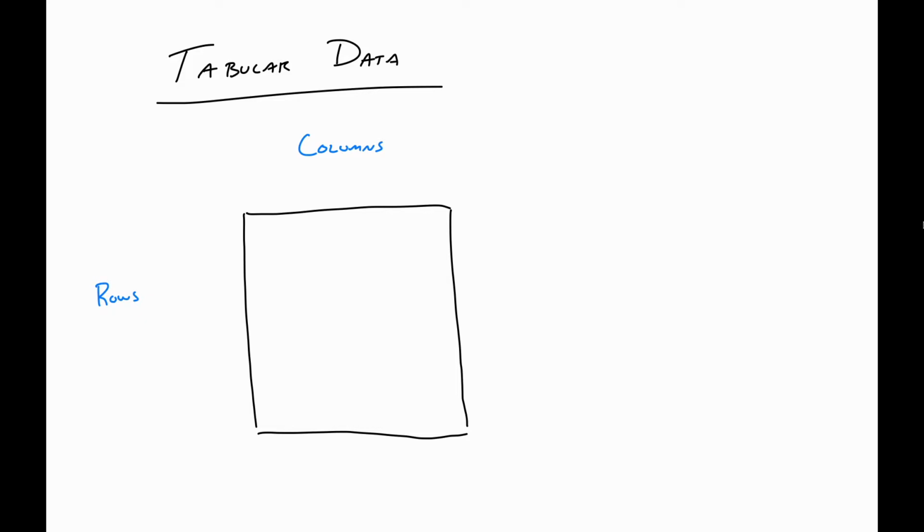Each row is a different observation. I'll just write obs, that way I won't misspell observation. And the columns represent the different attributes that we measured or recorded on these observations, which in statistics we often call variables, which I'll just call vars.